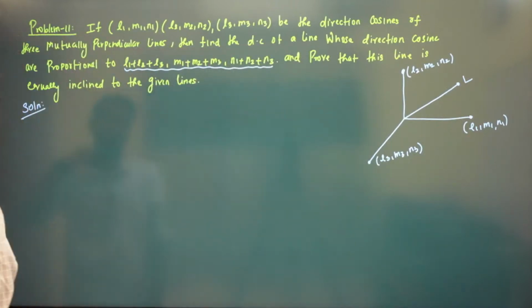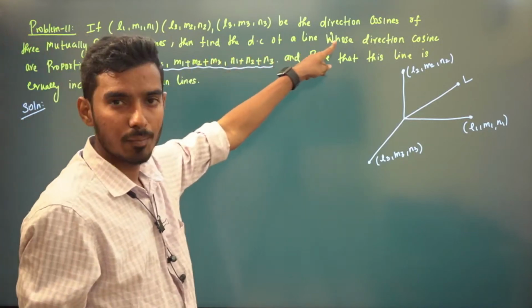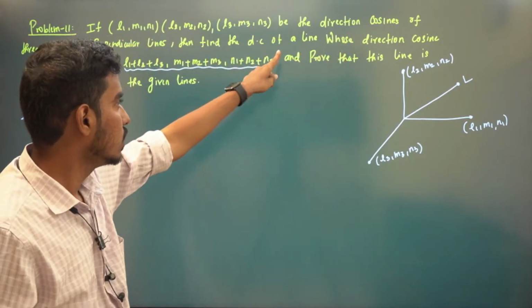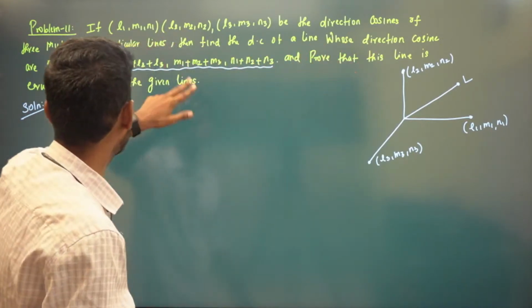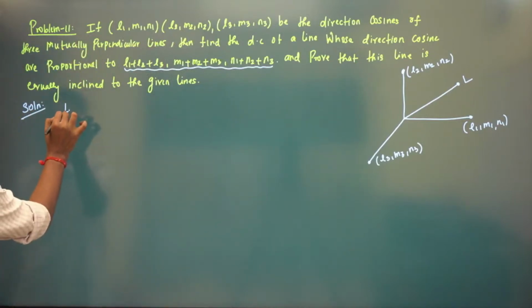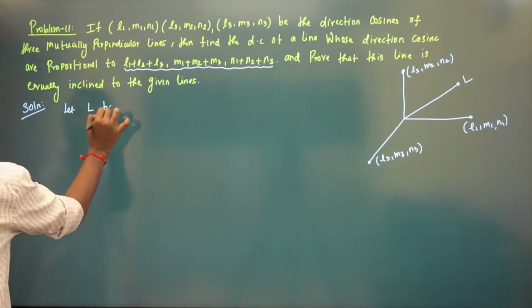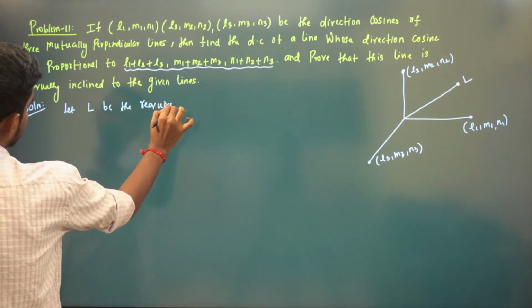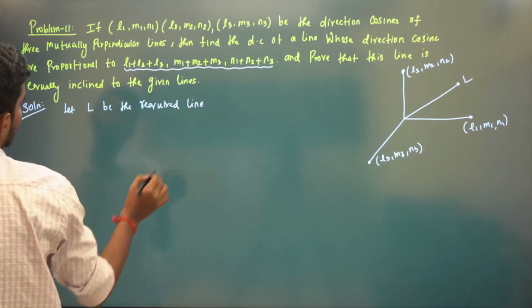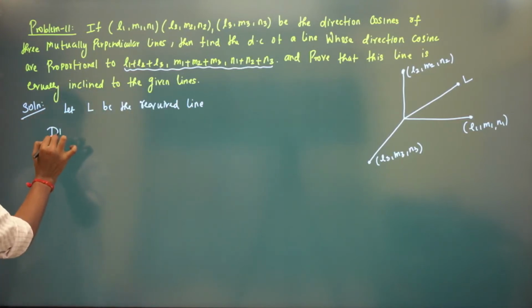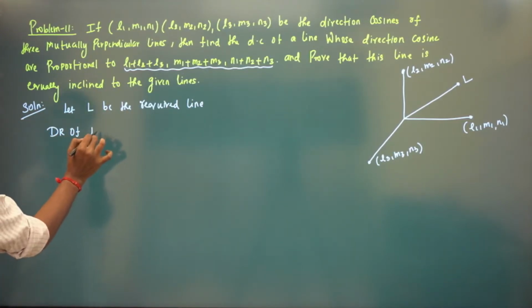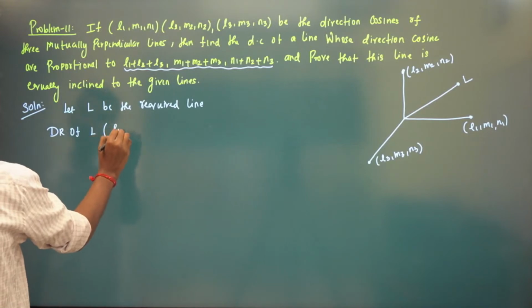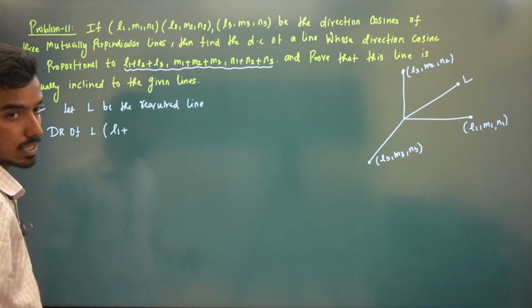So let this line be L, the required line. Now they have given the direction ratio of L, because it is proportional to that, right?